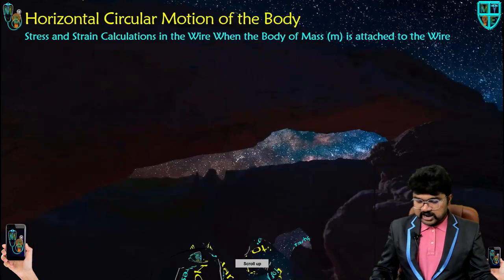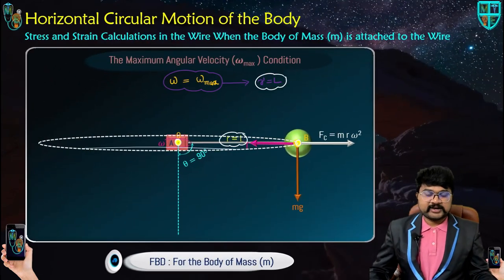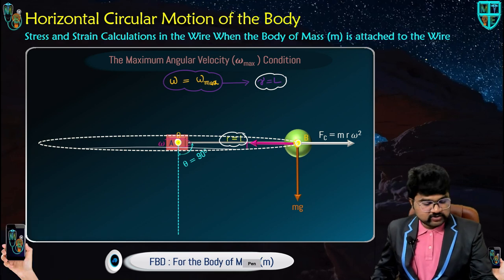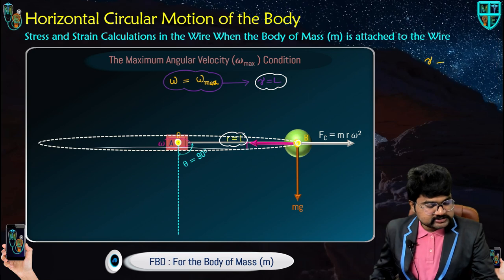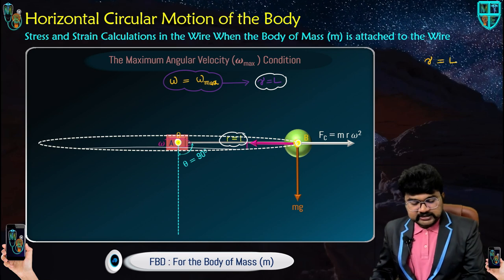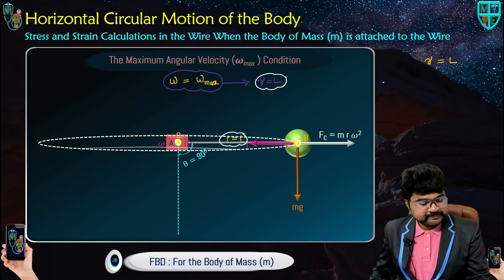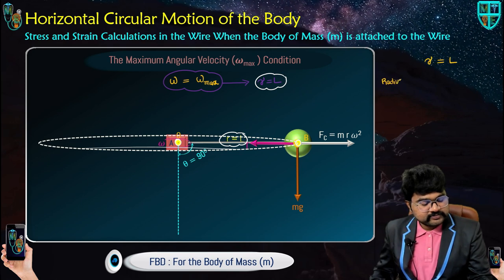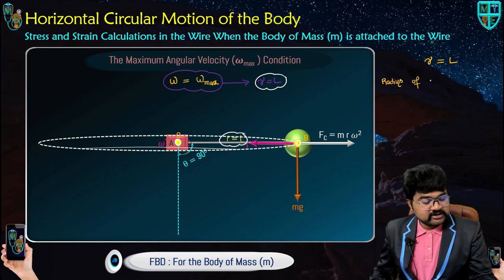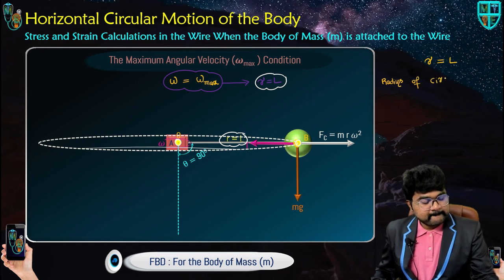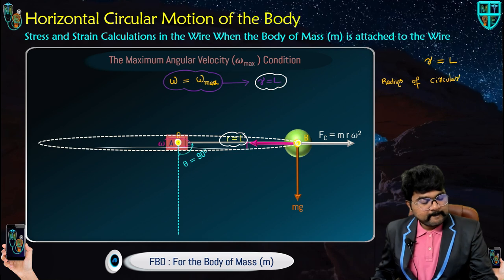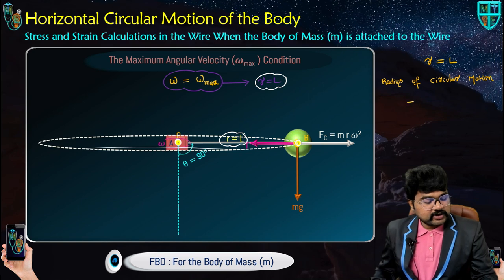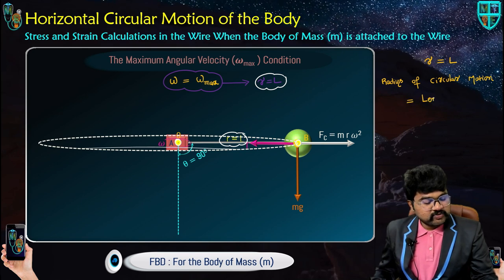At this particular condition, R becomes equal to L, the radius of circular motion is equivalent to the length of the wire.